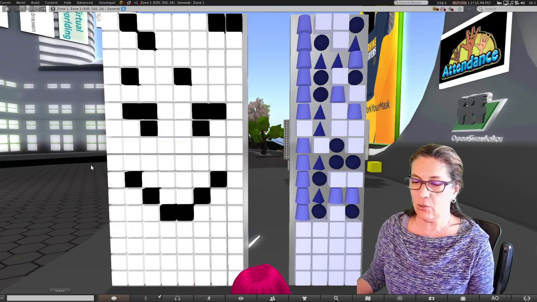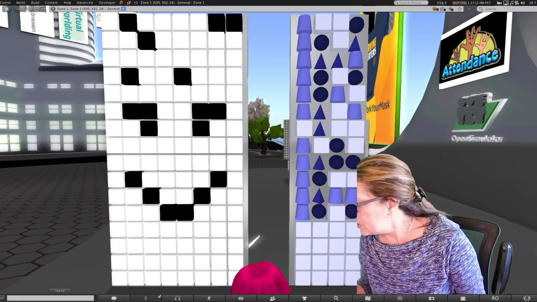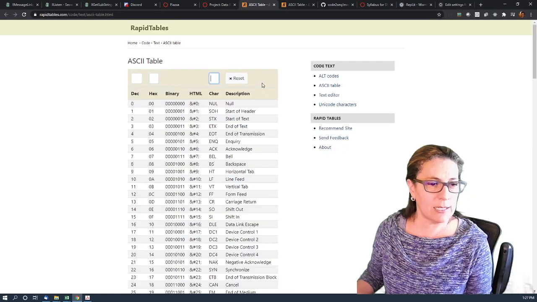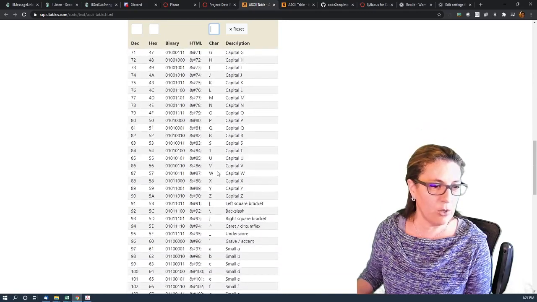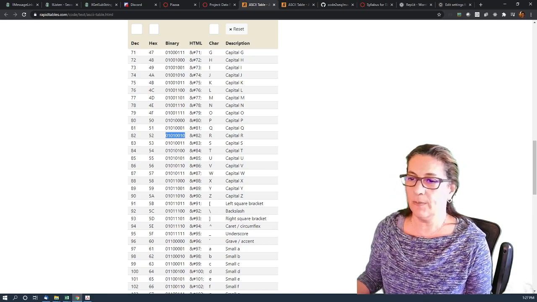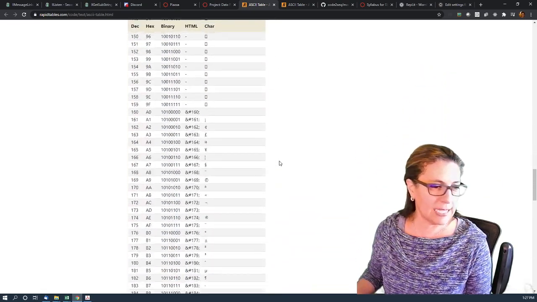The only thing that you need to do is look up this extended ASCII encoding that I linked from here. There it is. And then find the character that you want. For example, R. Here's R, here's the binary representation of R. And just type it in the tile wall. The extended ASCII is down here.